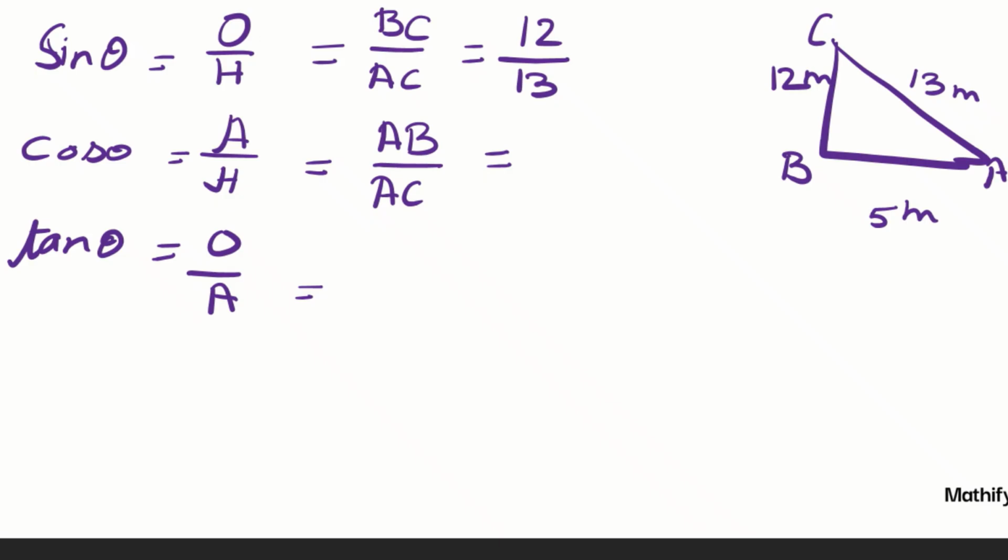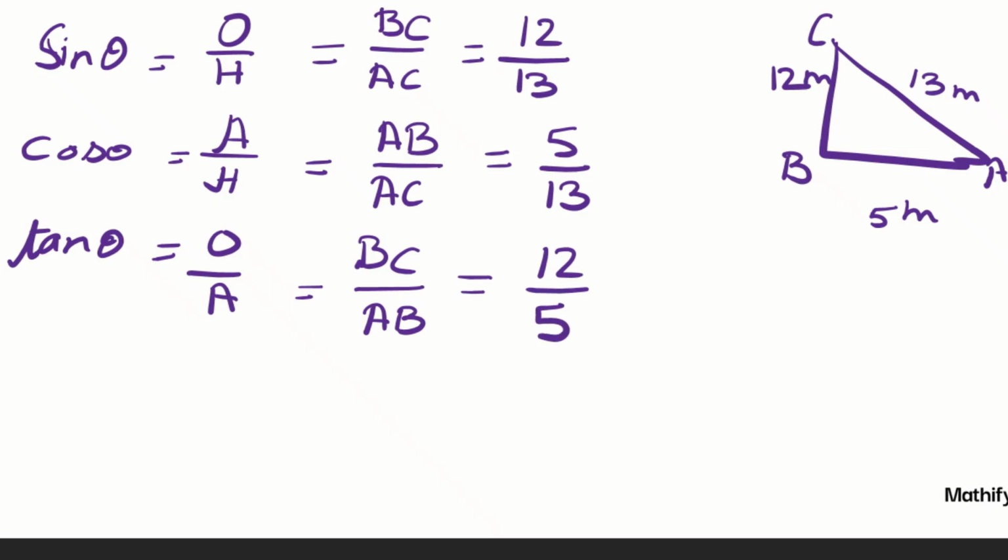This will give you 5 over 13. In the same way, opposite is BC. Adjacent is AB. This will give you 12 over 5. Okay, so these are the 3 ratios.